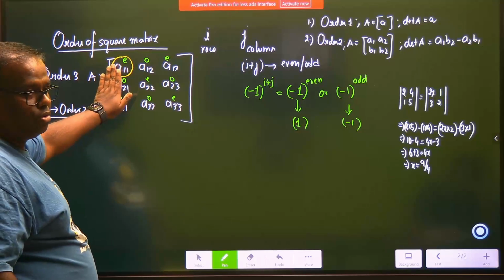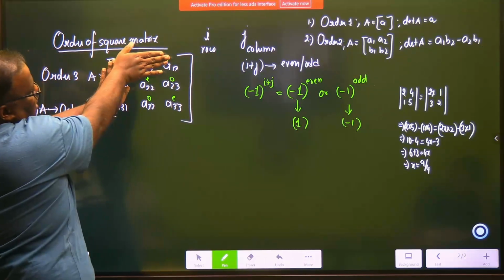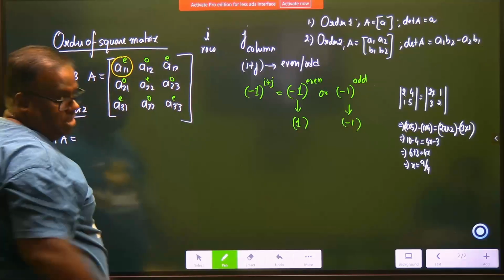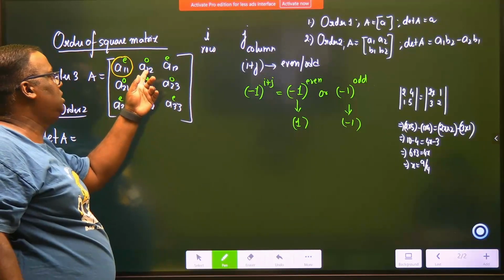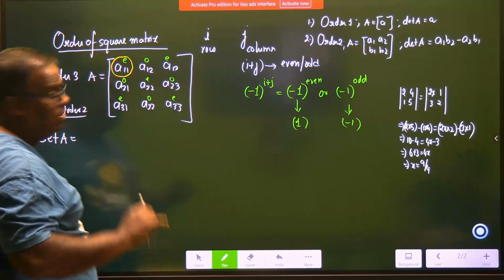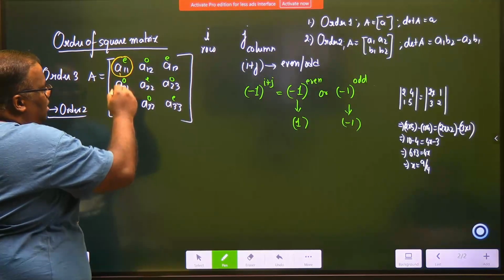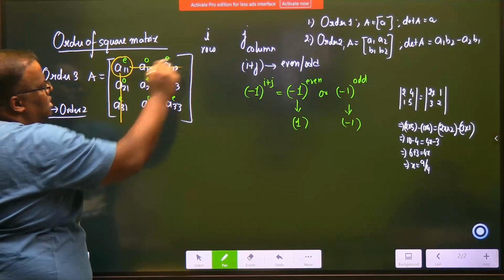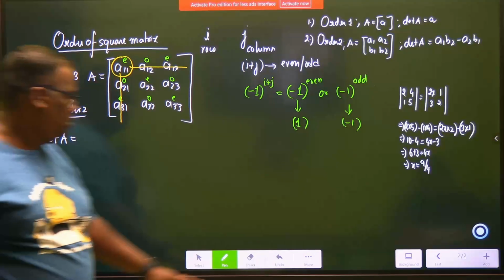Close the row and close the column. Do you see a square matrix? You could have opened it up using this one also. Now, if I'm using A11, then these are cut off. Do you see a square matrix? You do. Fine.